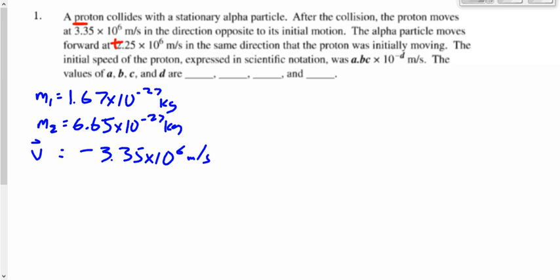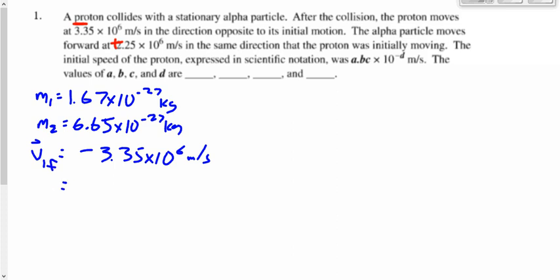Is it V1 initial or is it V1 final? The proton collides with a stationary alpha particle. After the collision, the proton moves at 3.35. V1 initial, V1 final. This one is final, so it's going to be V1F.